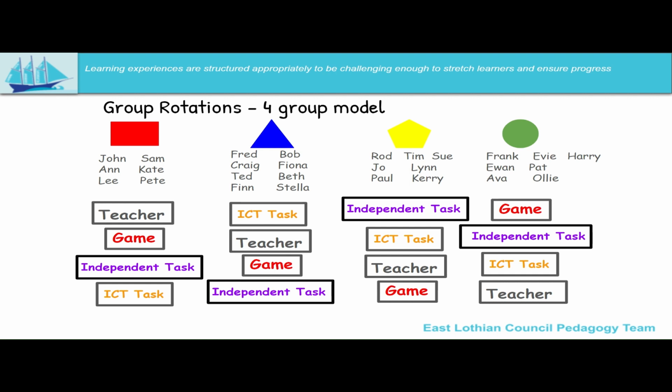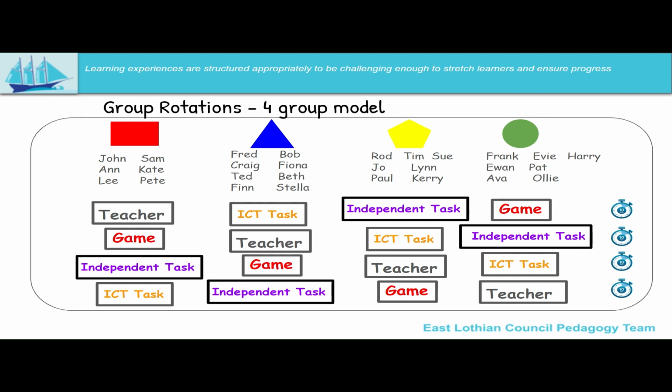It may be an independent task, a partner game, an ICT task, as well as time with the teacher for direct teaching. The teacher can then tailor the content of each teaching session to the specific needs of that group. Each group could spend approximately 10 minutes at each station before moving on. This model could be adapted for 3 groups, with groups rotating around 3 stations.